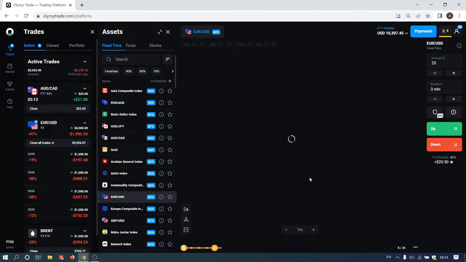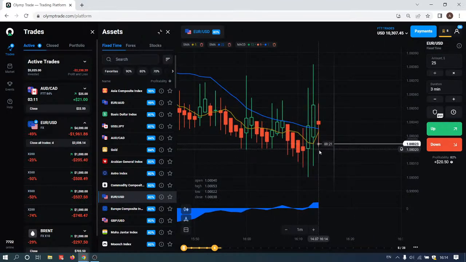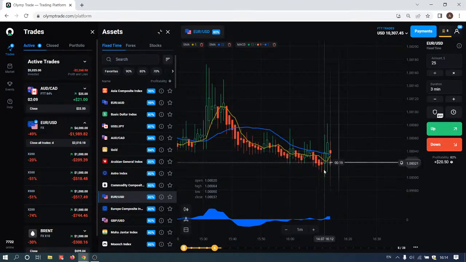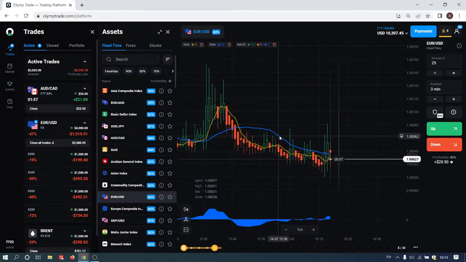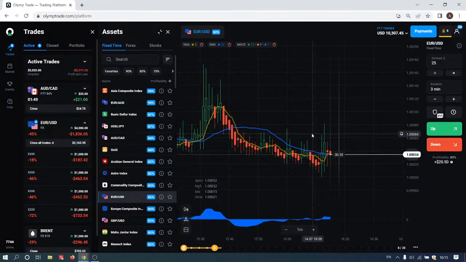So let's have a look at what's happening on the Euro USD. We just had this spike of volatility, and wow, once again we just had this close to one. For those of you who have been trading forex for quite a while, you know the so-called level 2.